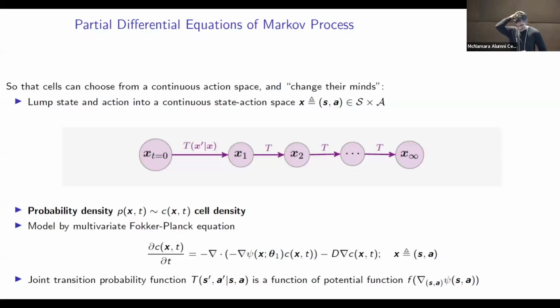The approach we take, and I realize I'm running out of time here, so let me just say that the approach we take is to take a step back and go back to a sort of Markov process, which allows us to club the state and action into a common space. The reason we do that is that Markov processes are known to generate certain classes of equations, of which the Fokker-Planck equation is a member.